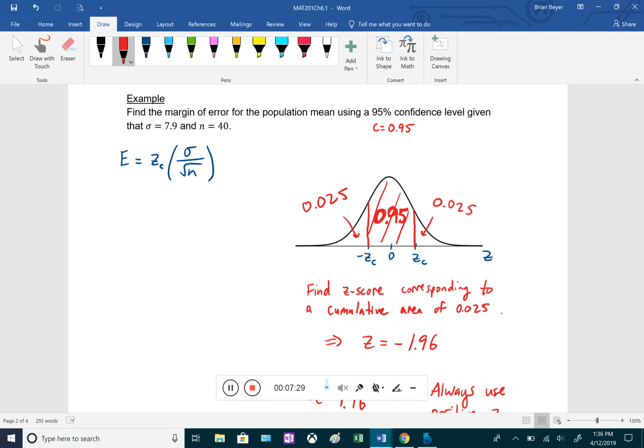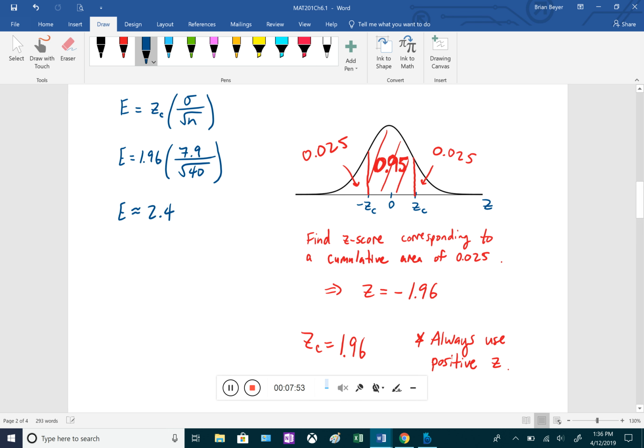So going back up here, going to the margin of error formula, we have E equals z, which is 1.96, times sigma, which is given to us, 7.9, over the square root of n, which is 40, which is given to us. So we plug this in the calculator, and I think I rounded a little bit, but I have 2.4.